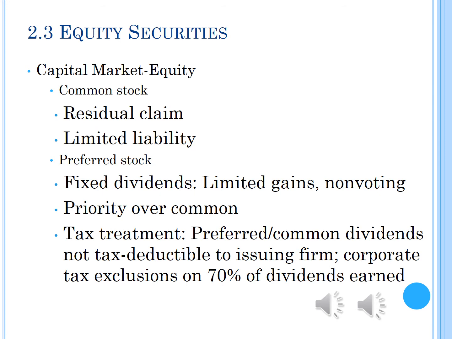Another equity security instrument is called preferred stock, okay, or the preferred shares. Preferred stocks has features similar to both equity and debt. Like a bond, it promises to pay to its holder a fixed stream of income each year. In this sense, preferred stock is similar to an infinite maturity bond, that is, a perpetuity.